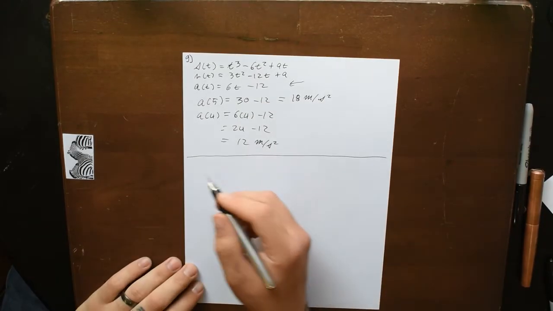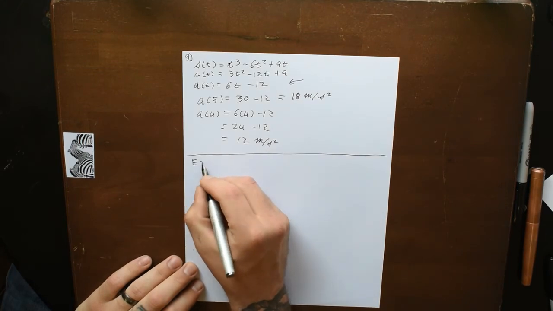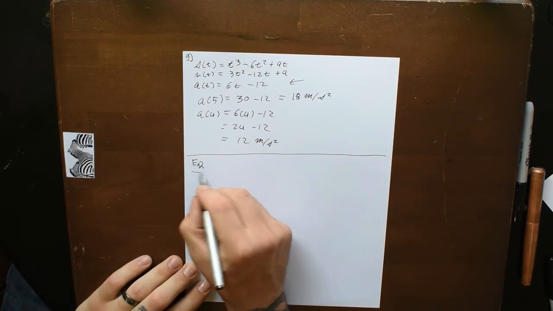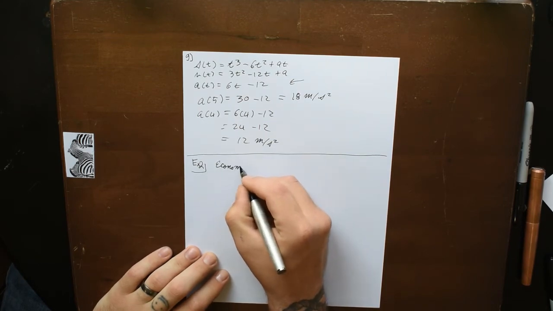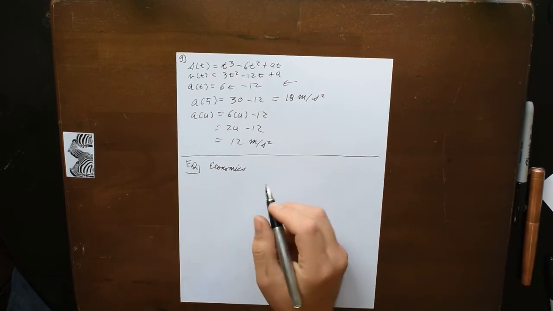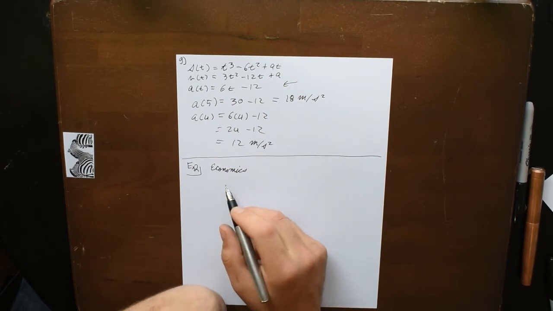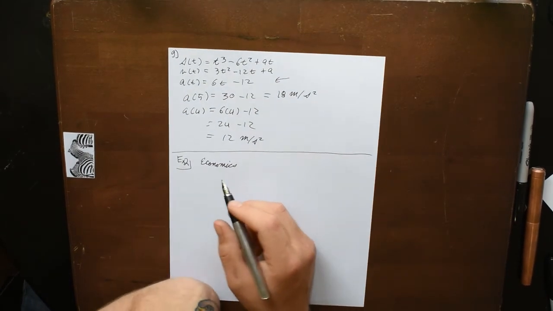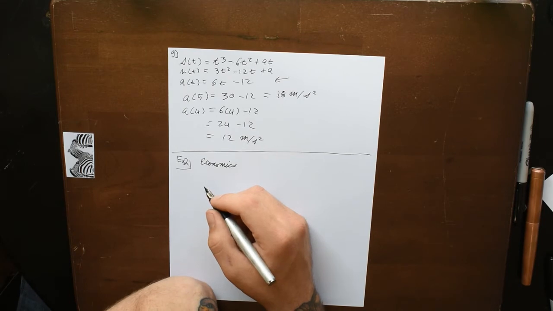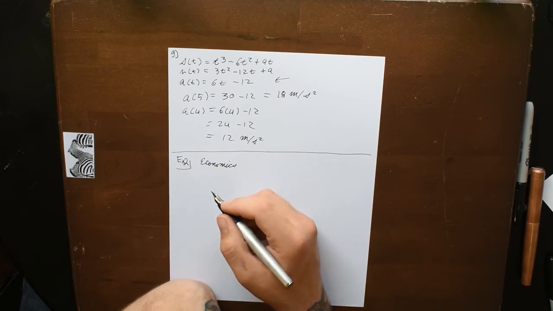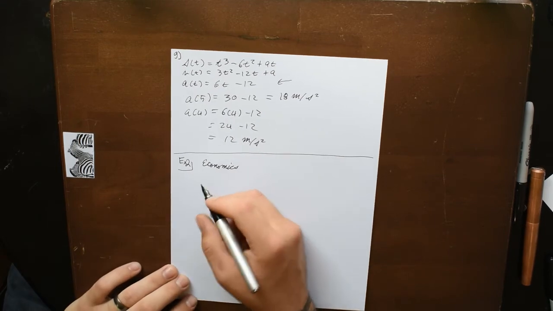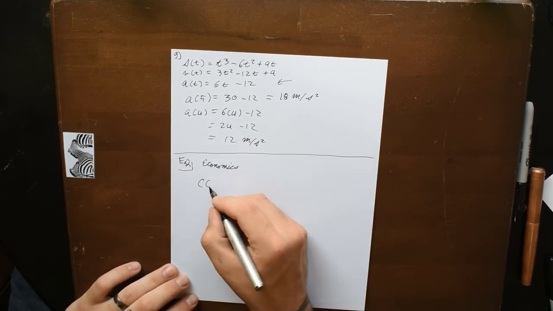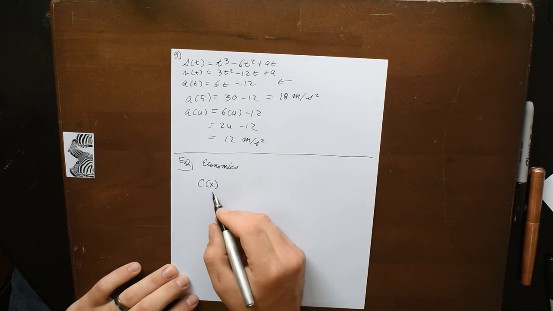So we'll move on to our second example. Example 2 is dealing with economics. In the field of economics, businesses care about how much it costs to produce a specific item. Businesses will often care about their cost function, C of x.